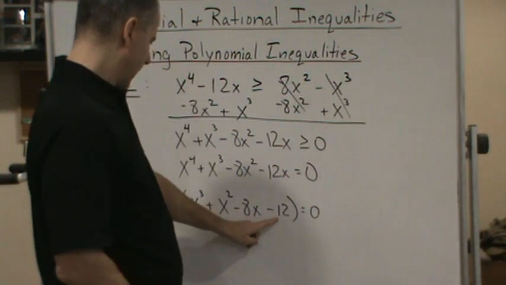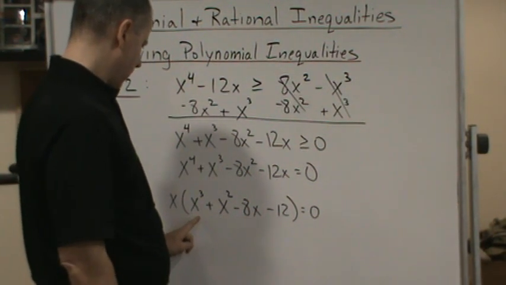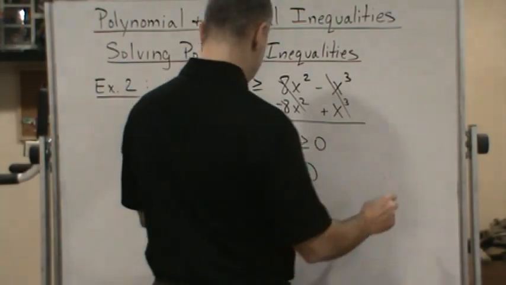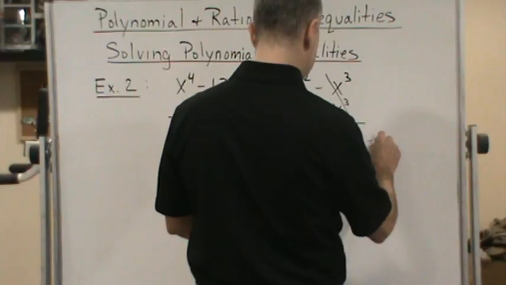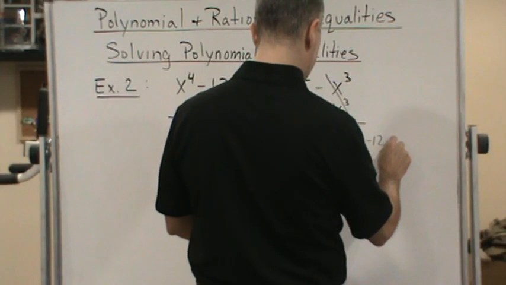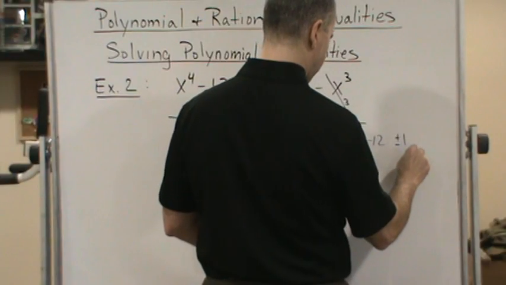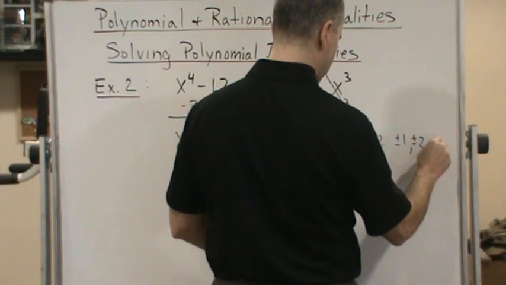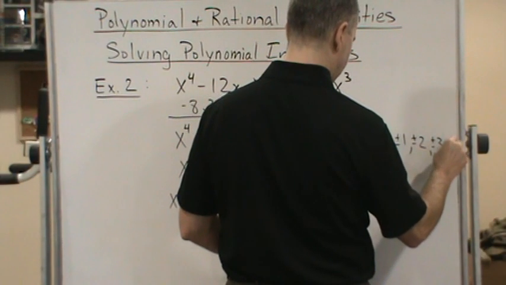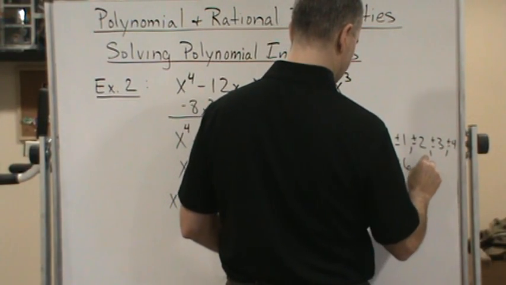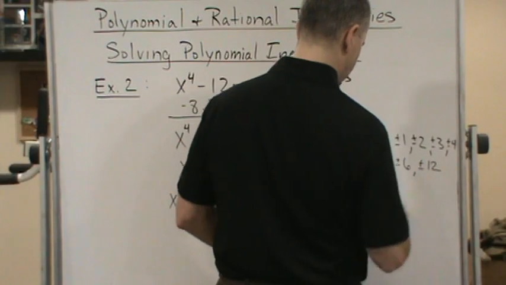So remember the a0 over an. It's going to be all the factors of negative 12, right? That's going to give me plus or minus 1, plus or minus 2, 3, 4, 6, and 12.